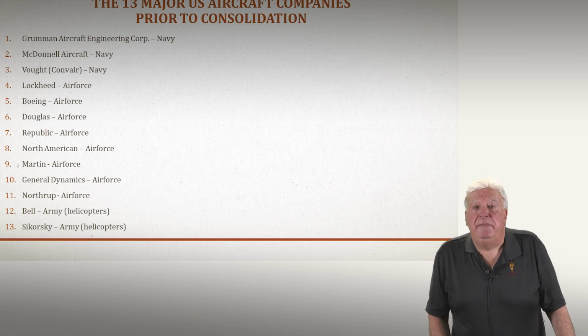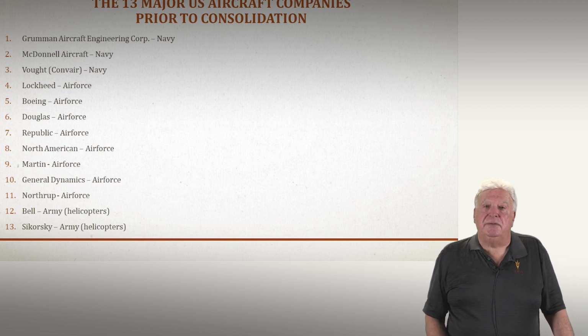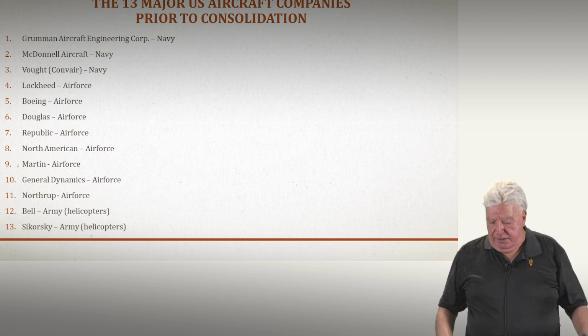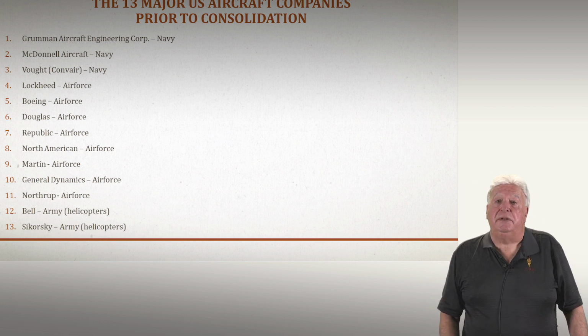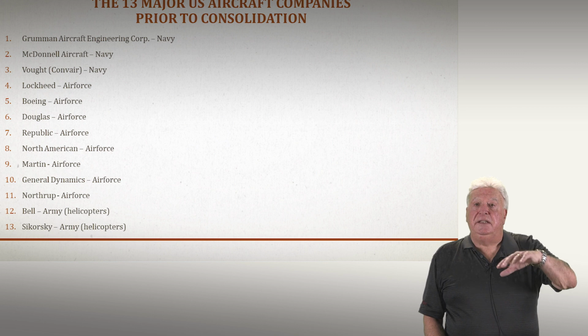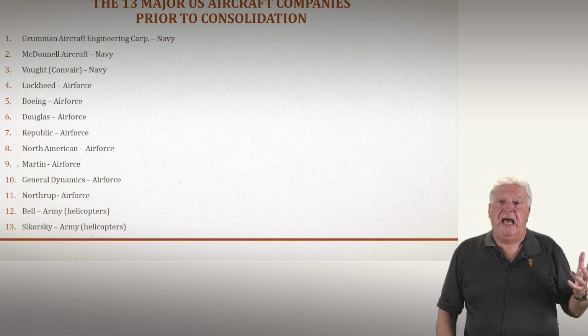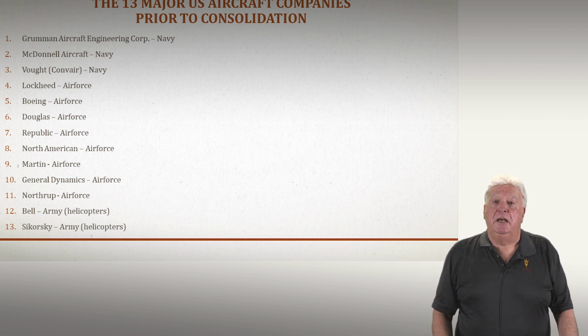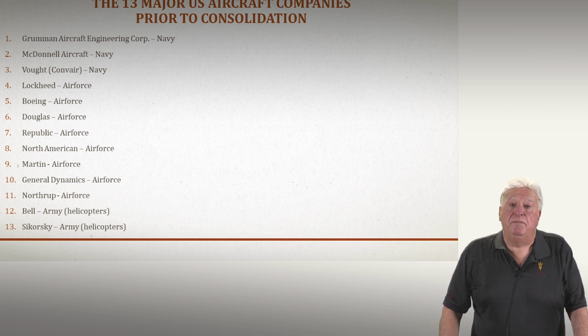When there were 13 major U.S. aircraft manufacturers, certain aircraft companies were favored by certain branches of the service. These manufacturers were, by design, scattered geographically around the country, such that in the event of a bombing attack or a missile attack, only a portion of the nation's military production capacity would be affected.